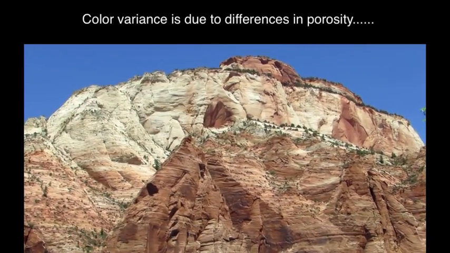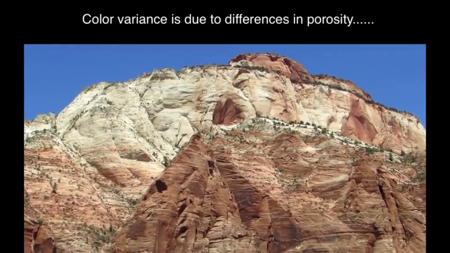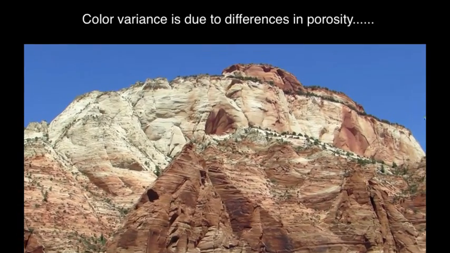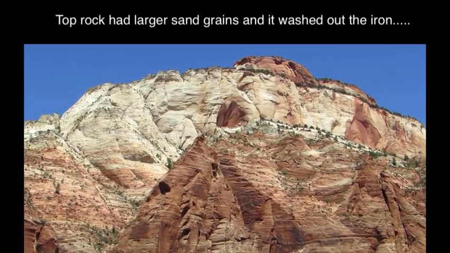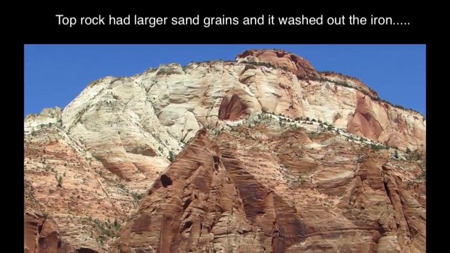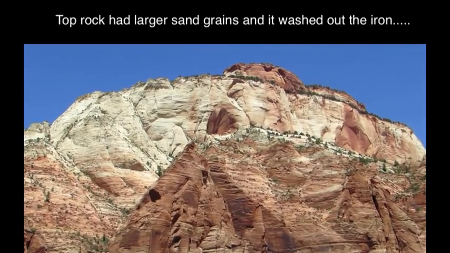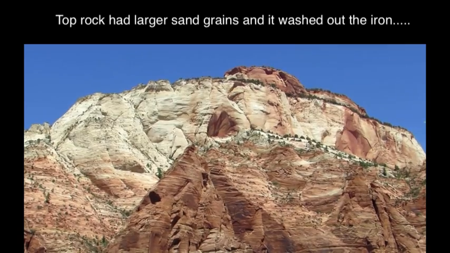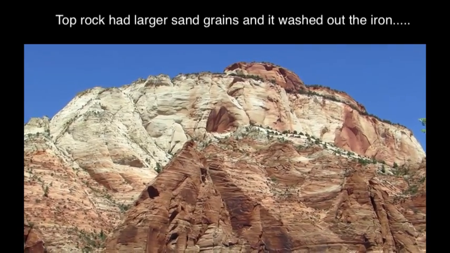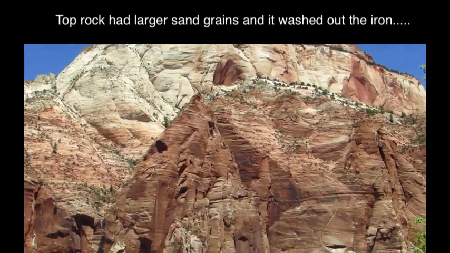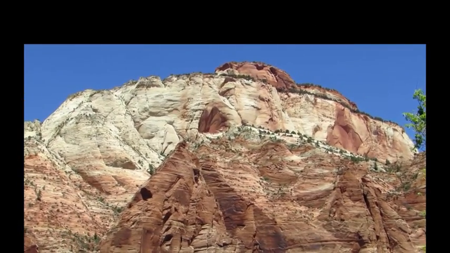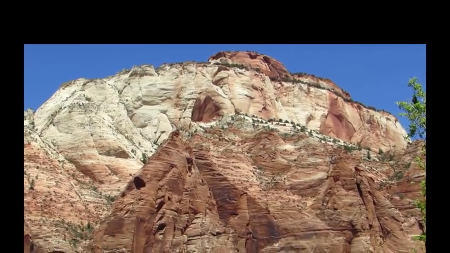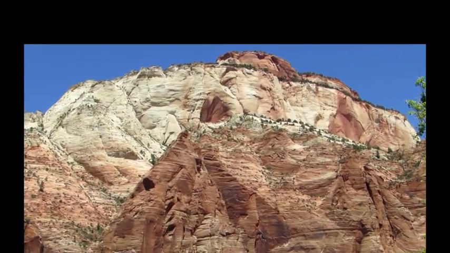The more porous the sandstone is, based on how it was deposited, the easier it is for the groundwater to penetrate through it, so it kind of bleaches it out. So the top part had a little bigger distance between the sand grains, where the bottom section right here, where it's all red, did not. So you're looking at about 15 million years worth of sand deposition to create this.